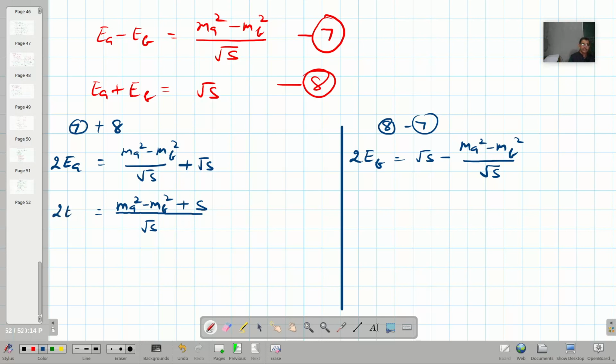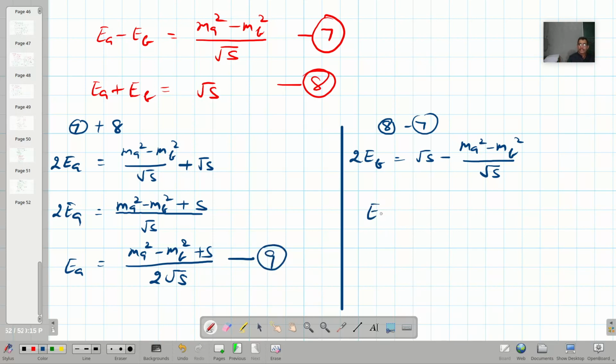So it is twice of EA. So EA can be written as MA square minus MB square plus S over 2 root S. Let us call it equation number 9.